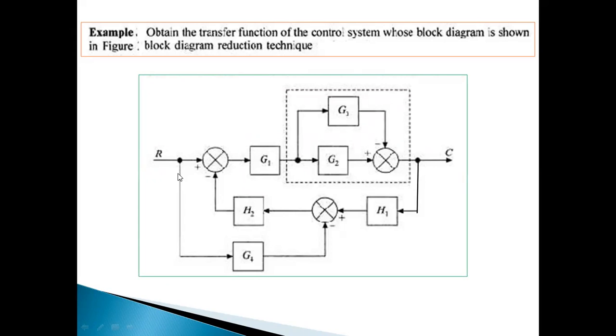Anybody, either in the chat room, or you can directly switch on your mics and tell the answer. First step, I have already represented with dotted lines.